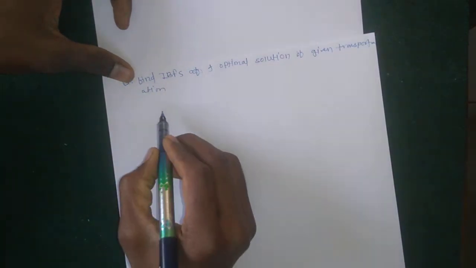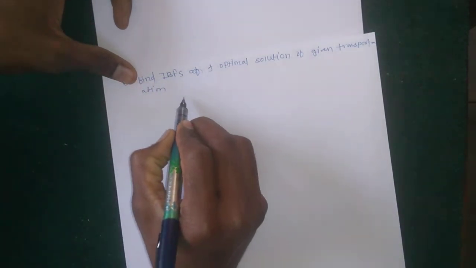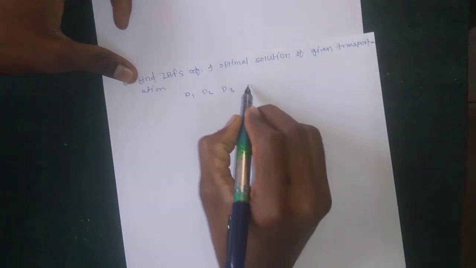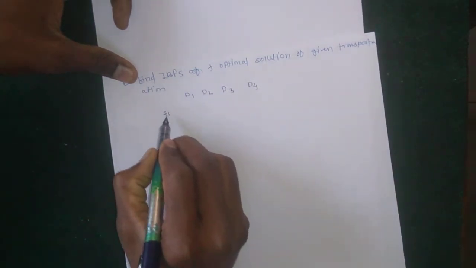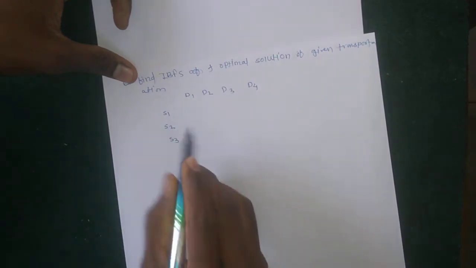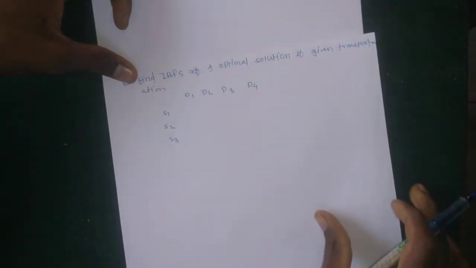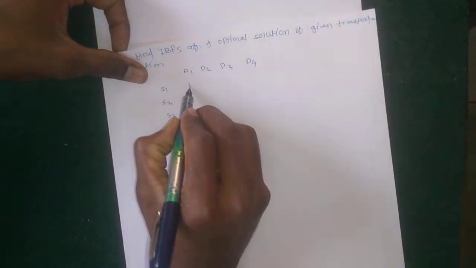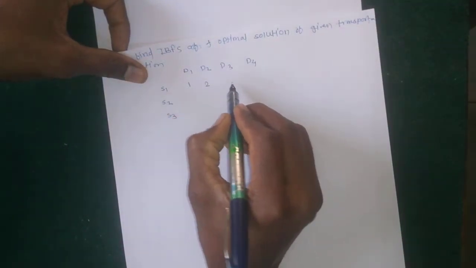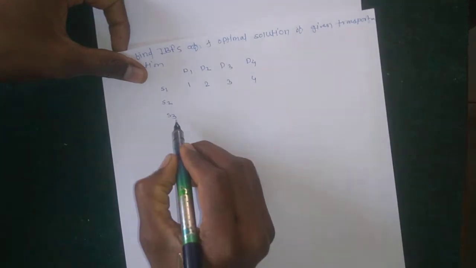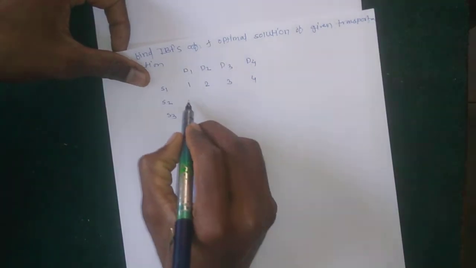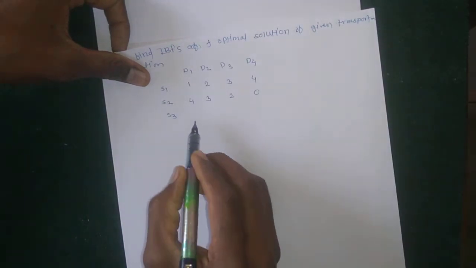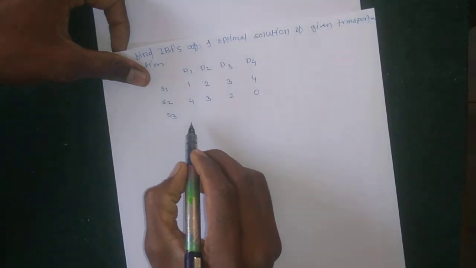Here the problem is given with D1, D2, D3 and D4, and S1, S2 and S3. The cost rows are 1, 2, 3, 4, then 4, 3, 2, 0, then 0, 2, 2, 1.